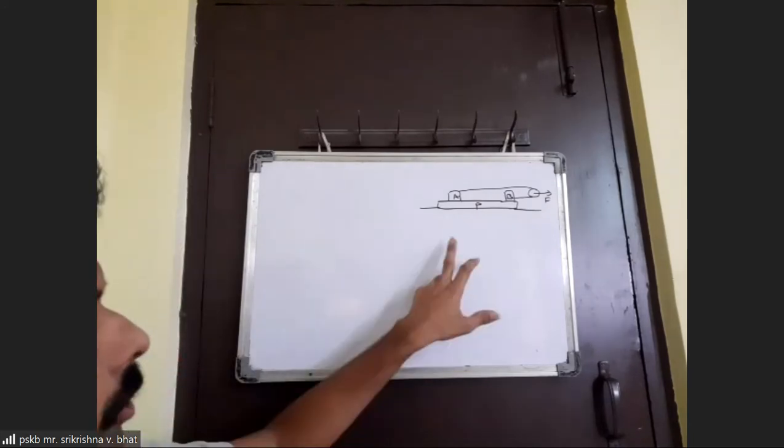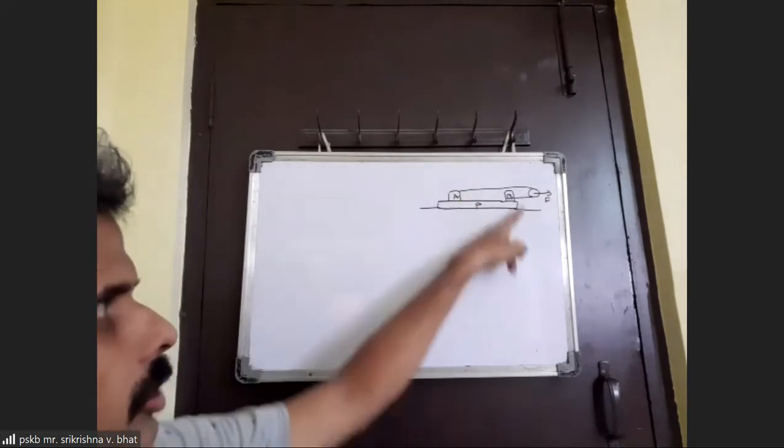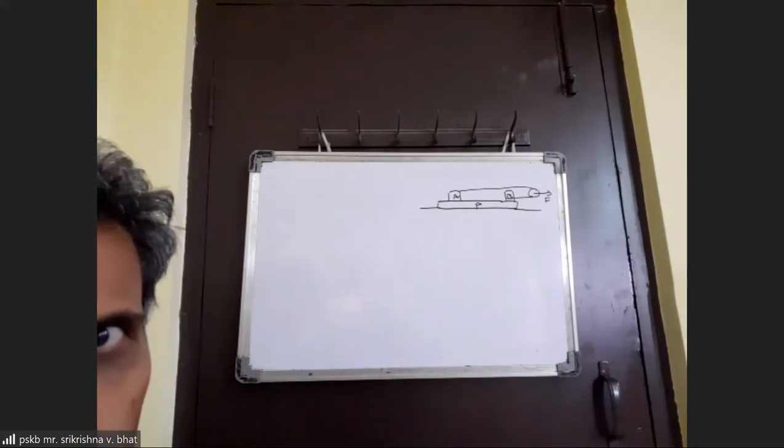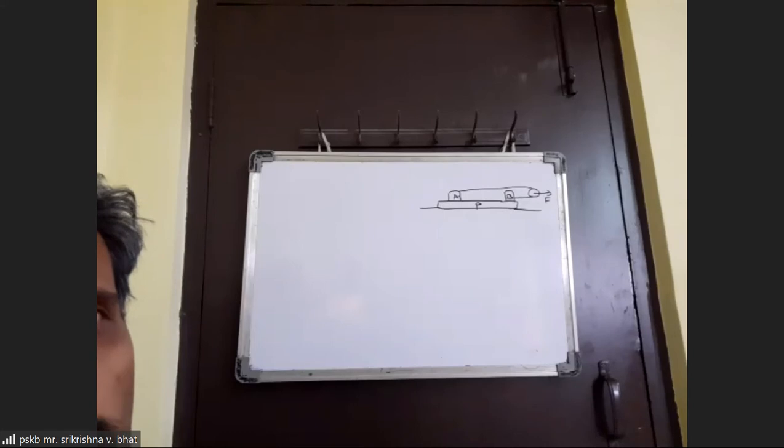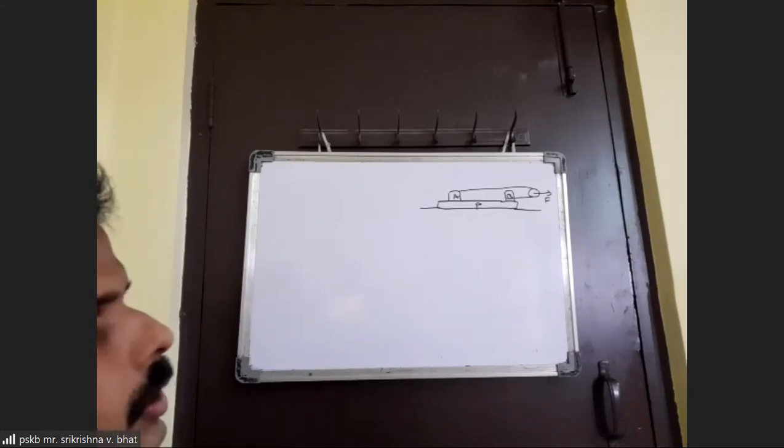So one thing we will go with is considering all three of them moving together. That is, if there is no relative motion between A and the plank or between B and the plank, then how is it going to be?